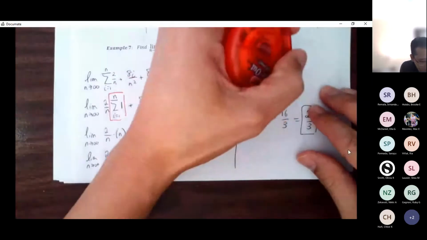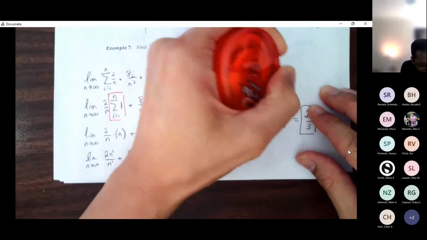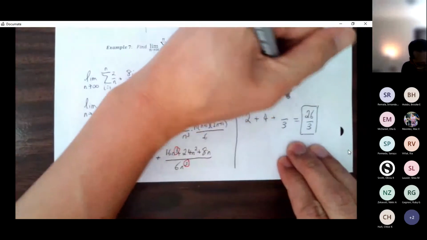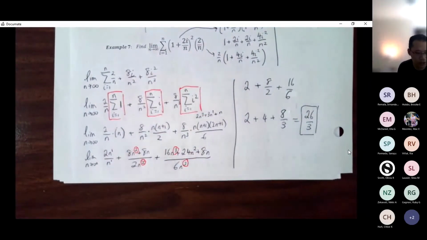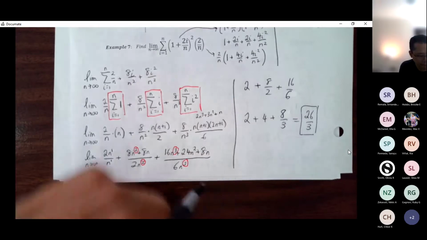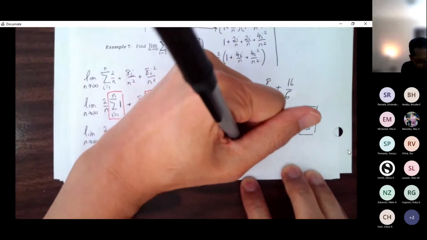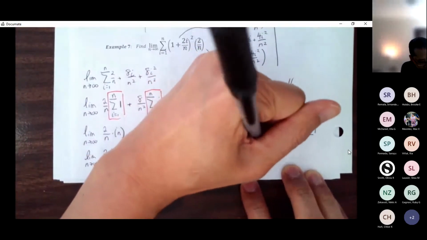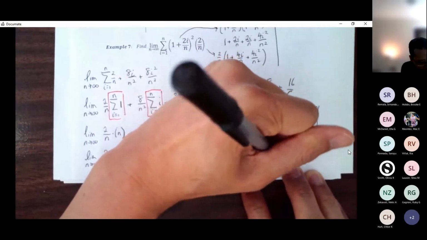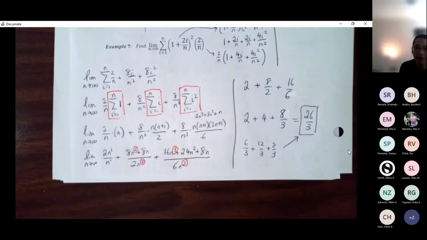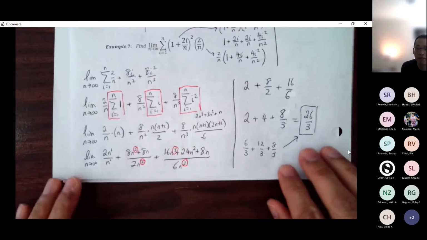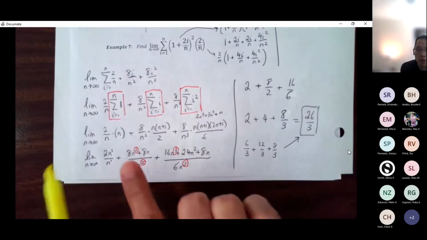It should be 16/6, and it reduced to be 8/3. And 2 plus 4 plus 8/3 will give us 26/3. Yeah, I miscopied my notes.